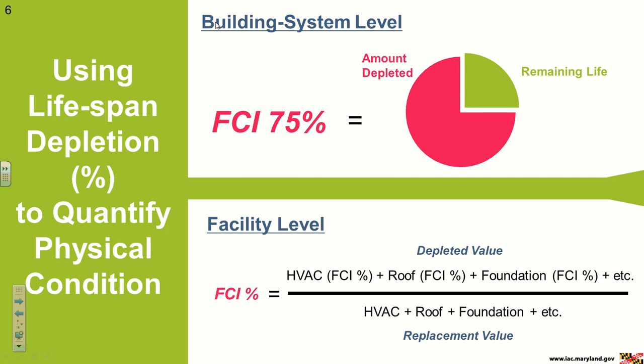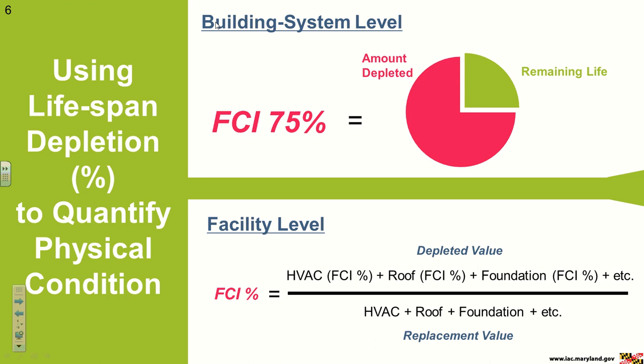We take each of those systems within a facility and we add them together, and that becomes the numerator. So an FCI percentage, the depleted value times, in this example at the facility level, the replacement value of the HVAC system would give us a value that we add to the roof, the foundation, which might be 100 years, and all the other major building systems.